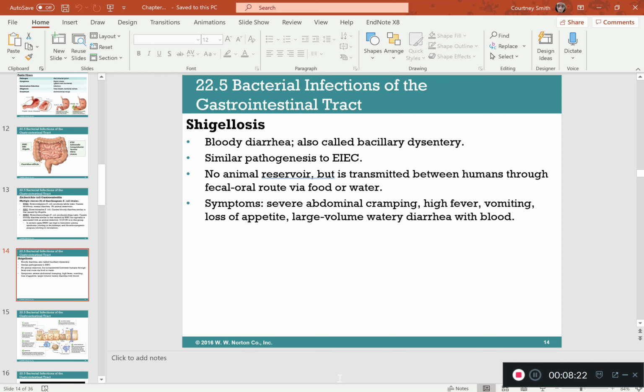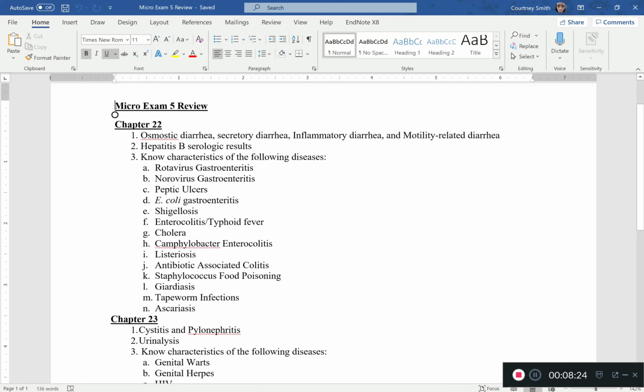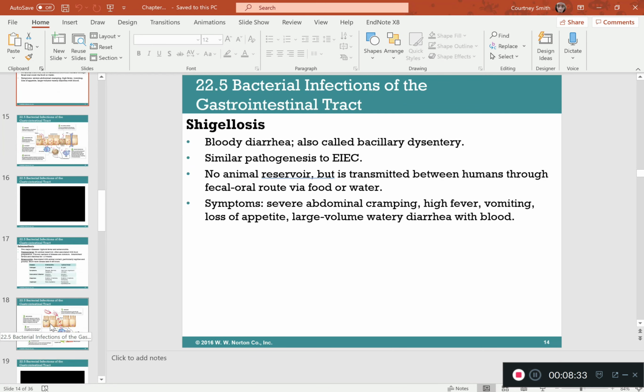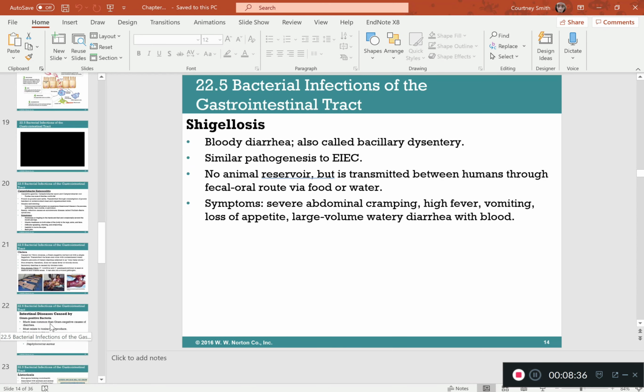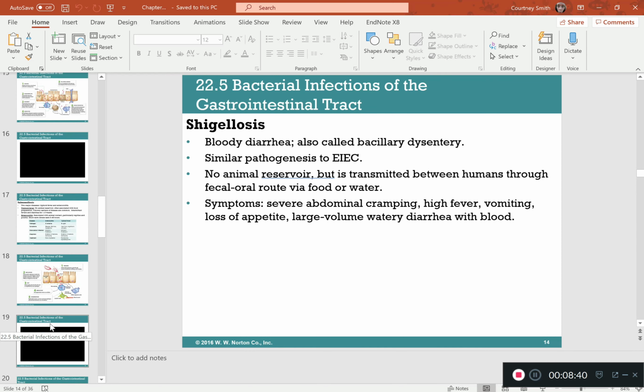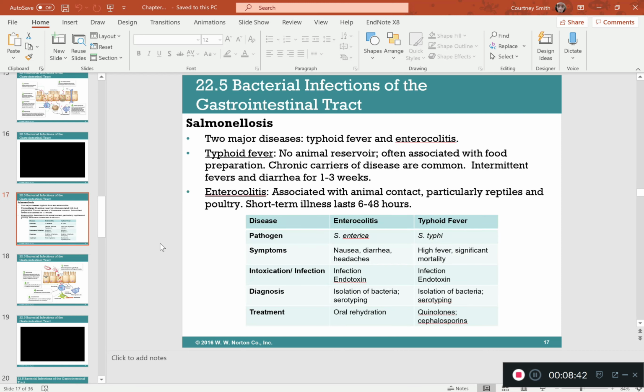Okay, so next we have typhoid fever. Oh, just kidding. So, salmonellosis. Typhoid fever is one clinical presentation of salmonella infection.